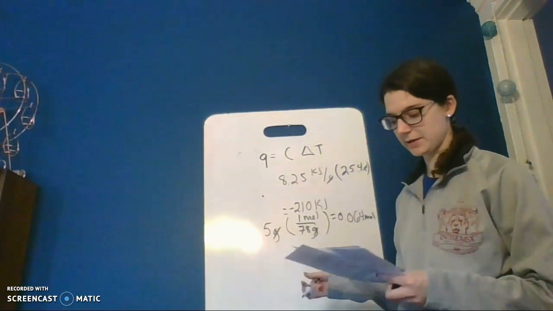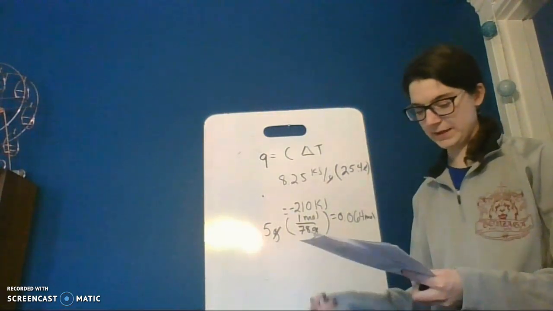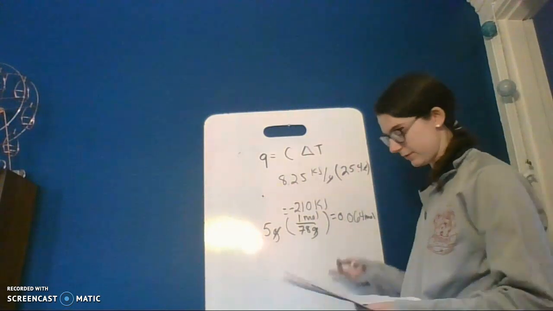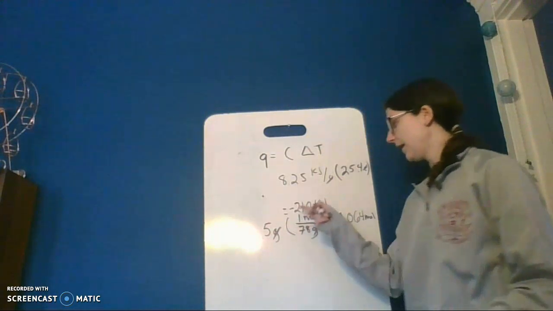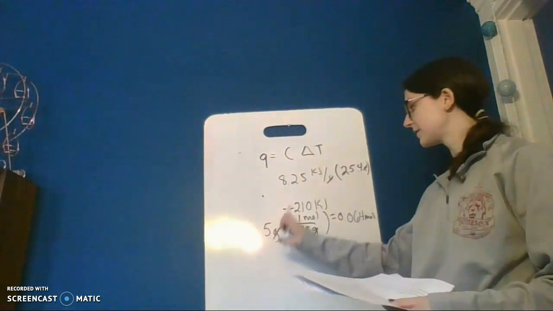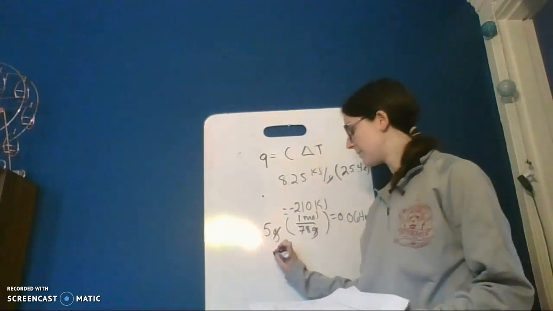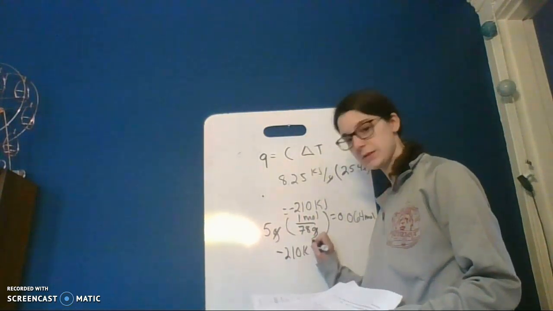Then part D says calculate the delta H for the combustion reaction in units of kilojoules per mole. Include the sign of delta H in your answer. So in terms of the reaction, again, positive or negative 210, the benzene that combusted released energy. So the change in Q is definitely going to be negative in terms of the reaction. So we have negative 210 kilojoules.